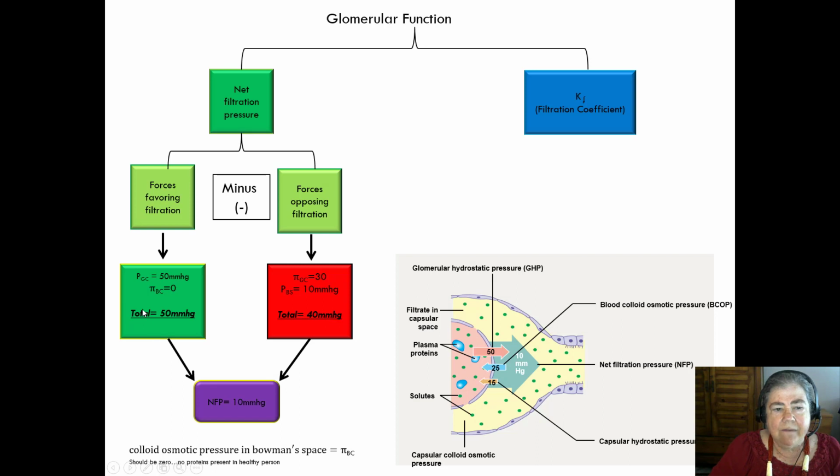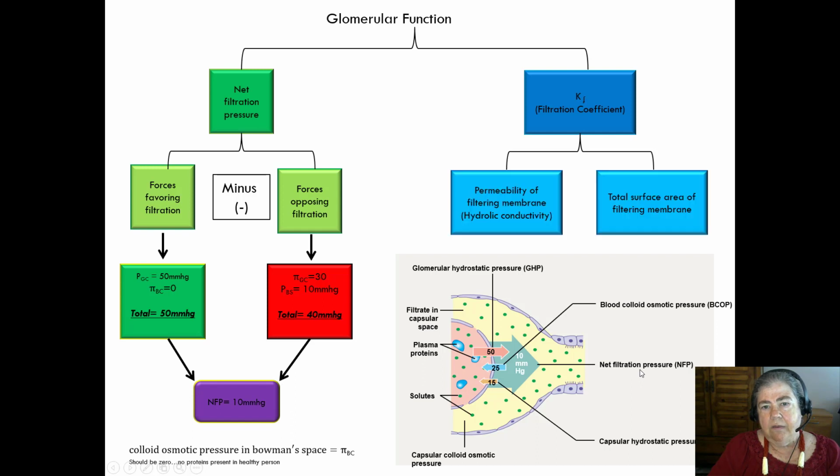So we have a net filtration pressure of 50, which is the capillary blood pressure, minus 40, which is adding the colloid oncotic pressure that's pulling, and the hydrostatic pressure in here that's pushing. So it would be moving back in that direction. And we have a net filtration pressure of 10 millimeters of mercury that is now projecting the filtrate down the tubule.